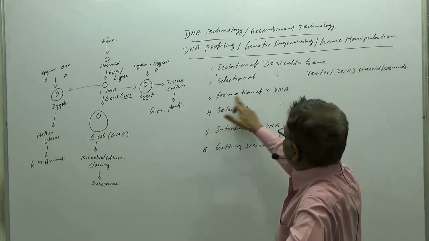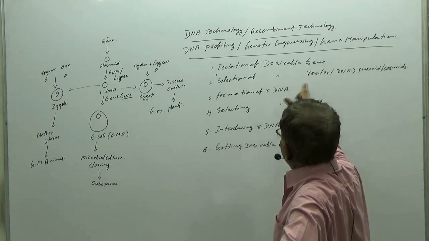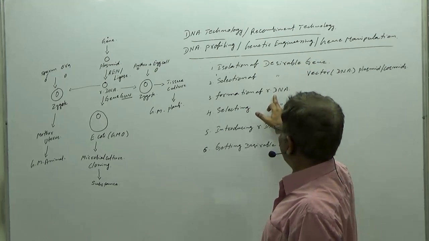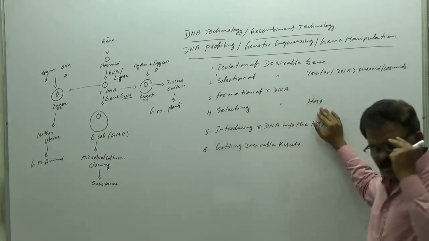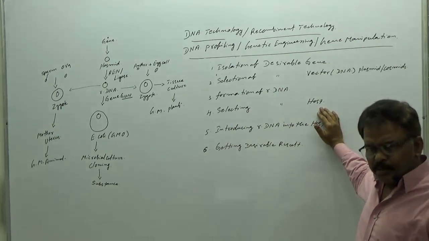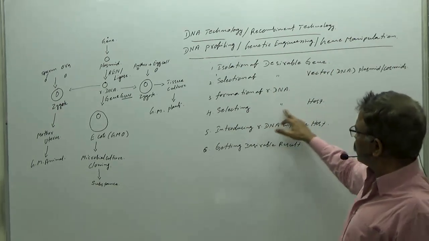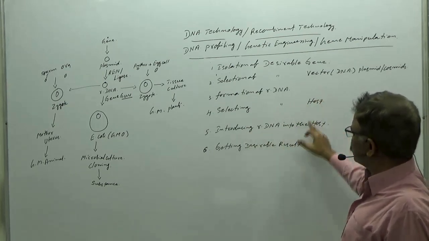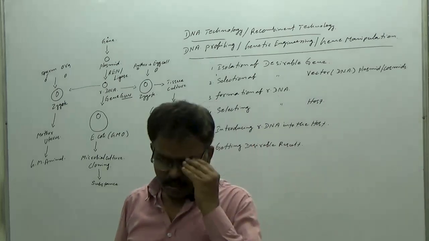Then next, formation of rDNA after inserting this gene into the vector. Then the researcher has to select a desirable host. That may be a microorganism, plant or animal. So selecting a proper host, then inserting this rDNA into the host, then finally getting the desirable result.